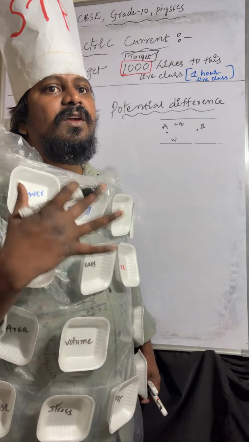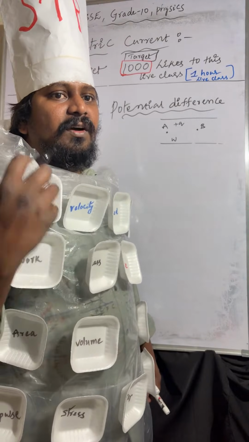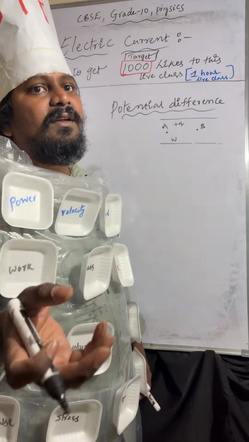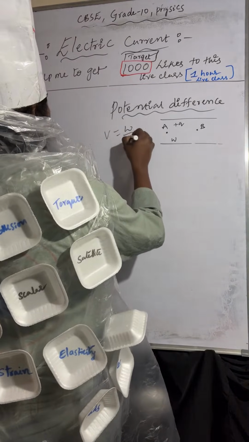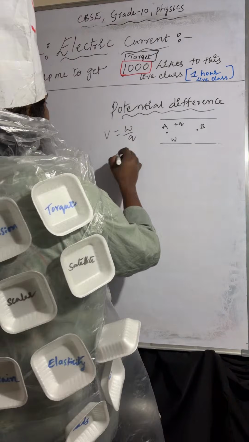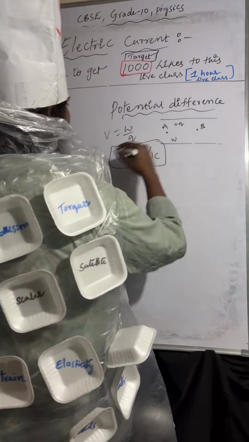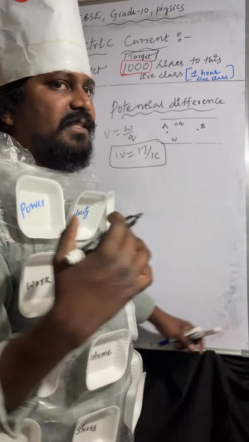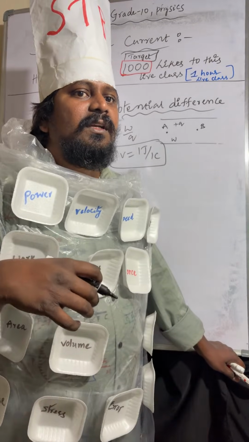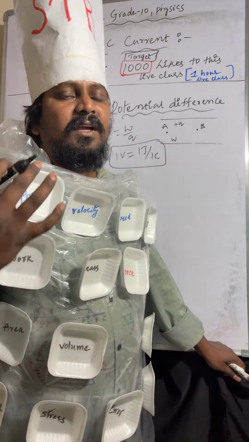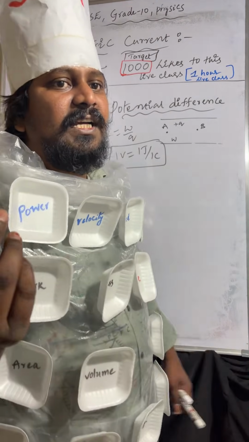So V equals W by Q. 1 volt is defined as 1 joule of work done to bring 1 coulomb of charge.